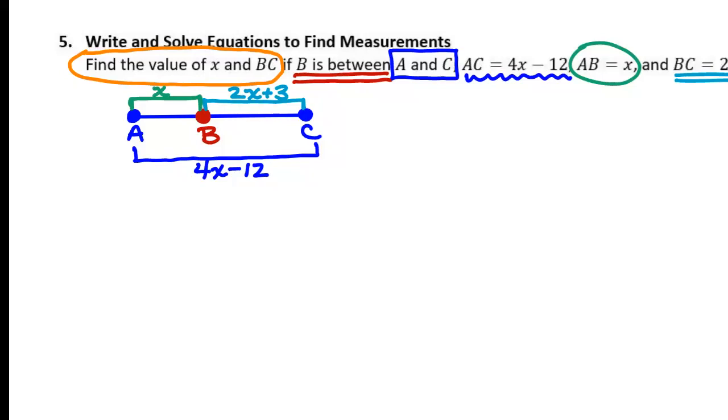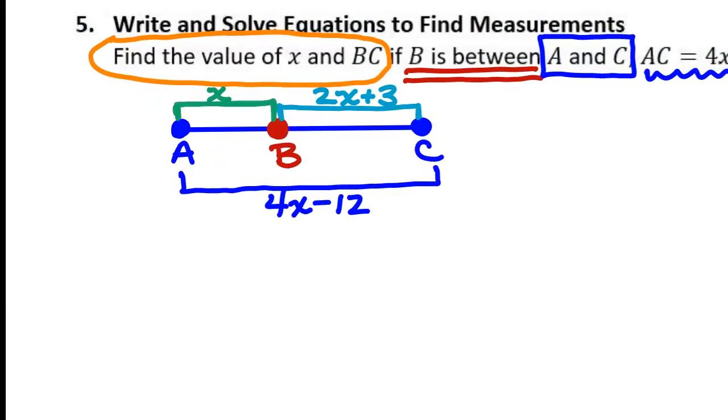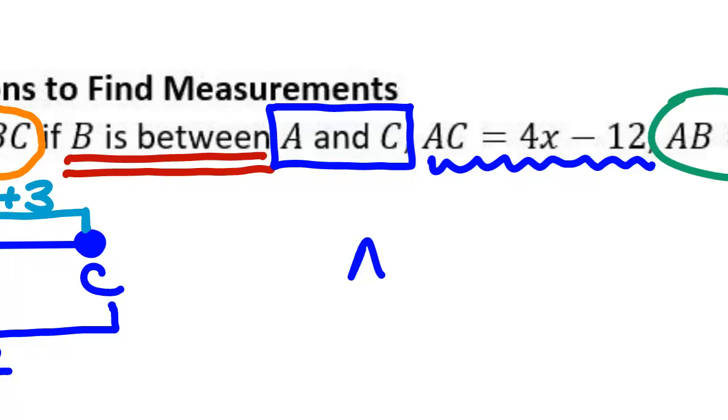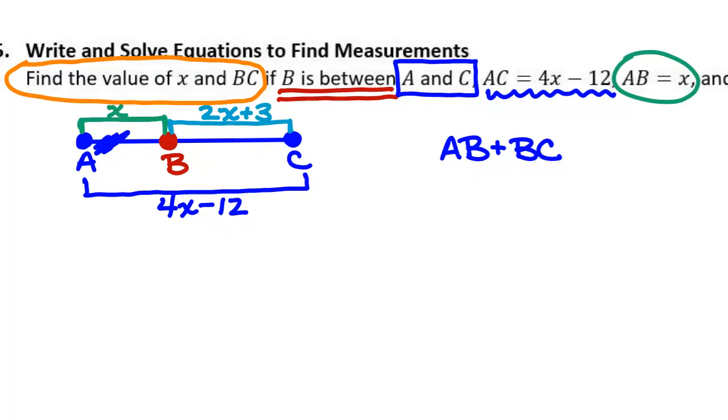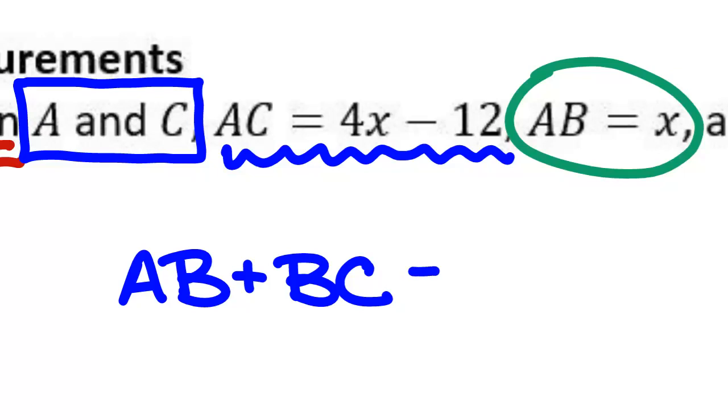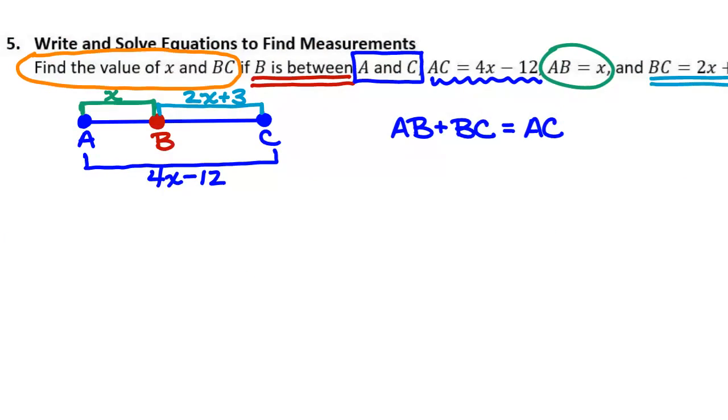What are the 2 smaller segments in the picture? AB is one of them, and BC is the other one. When I put AB and BC together, that gives me what big segment? AC. So set up the equation first. Now we're going to make some substitutions.